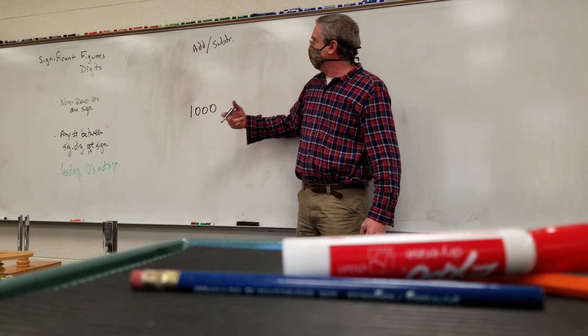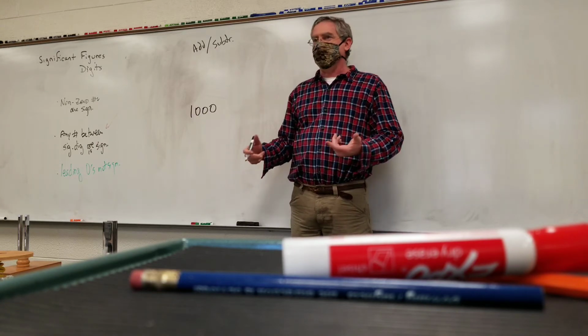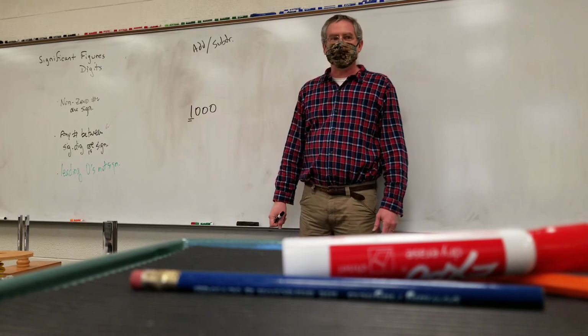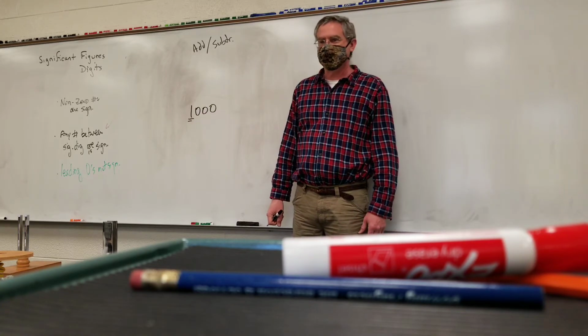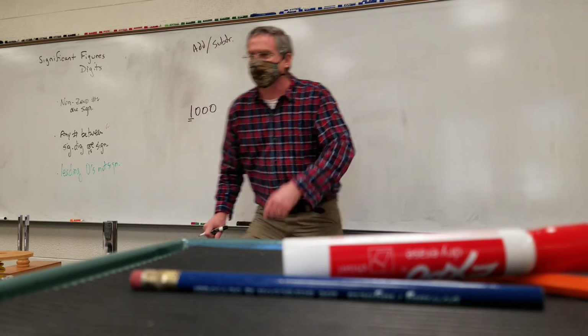So if I add one more, is that going to change it? When you're dealing with addition and subtraction and significant digits, you want to care about the precision. This has one significant digit. It's rounded off based upon what Amy was saying.